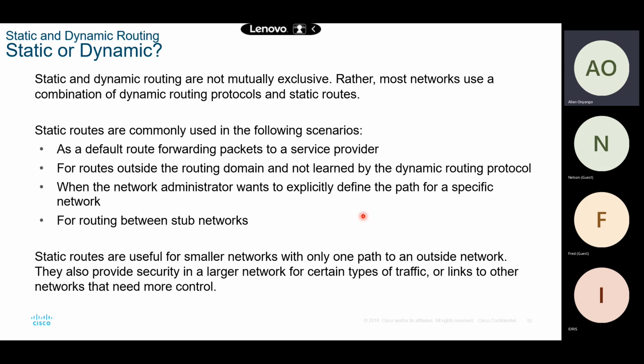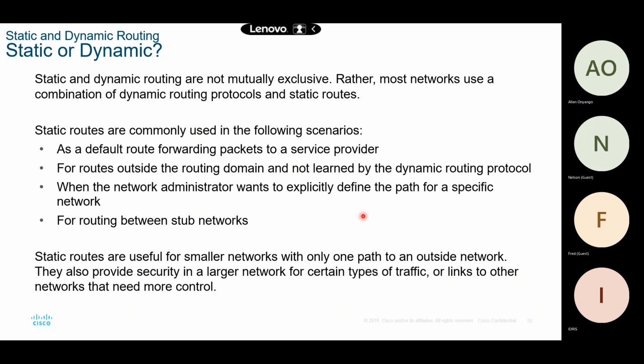You can compare this with DHCP: there is dynamic assignment of IP addresses, and then manual or static assignment, where the IP address assigned on a device will not change. So it is important to check that everything is configured well.